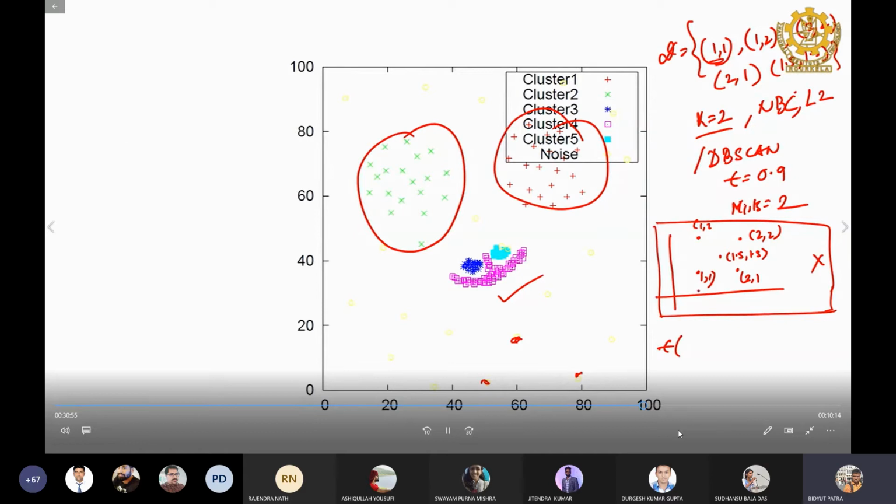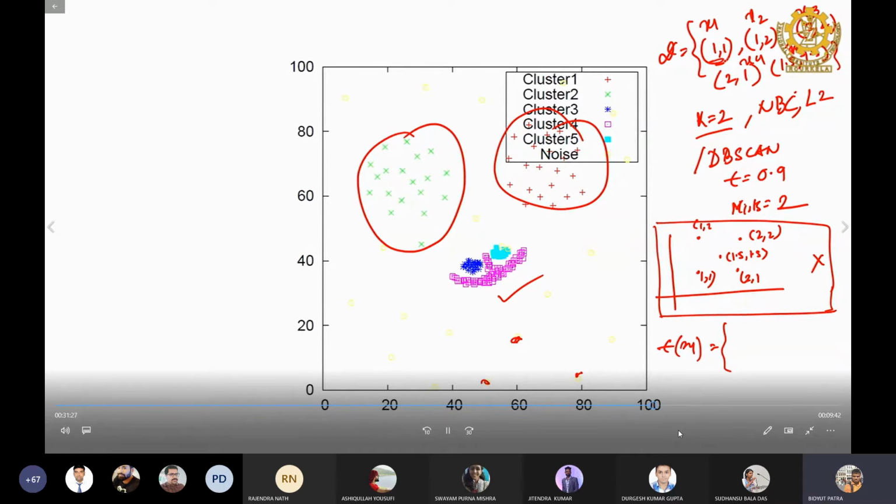Let's say this is x1, x2, x3, this is x4 and this is x5. So what is the epsilon neighborhood of x1? You compute the distance from x1 to x2. What will be the distance? That is 1. And what is the value of epsilon? It is 0.9. So you cannot include the point x2.